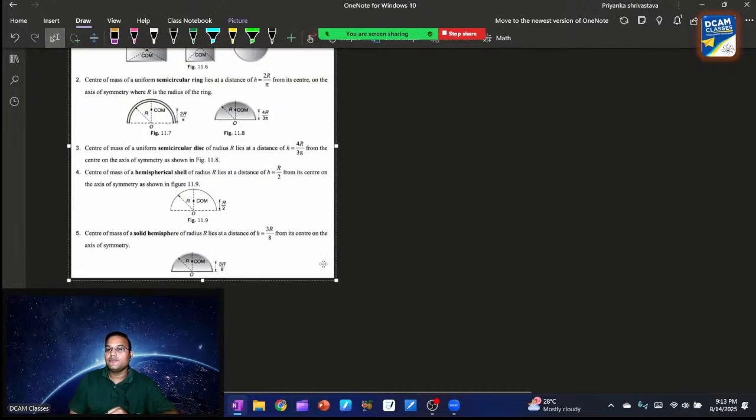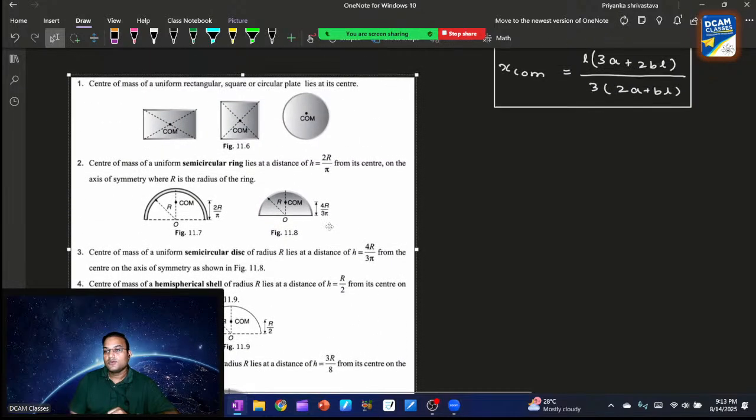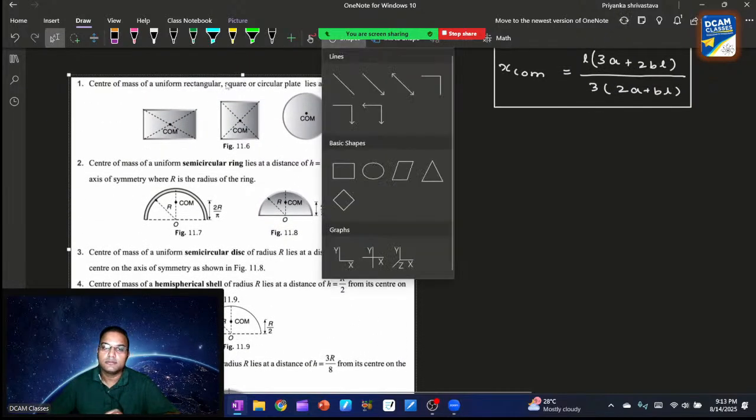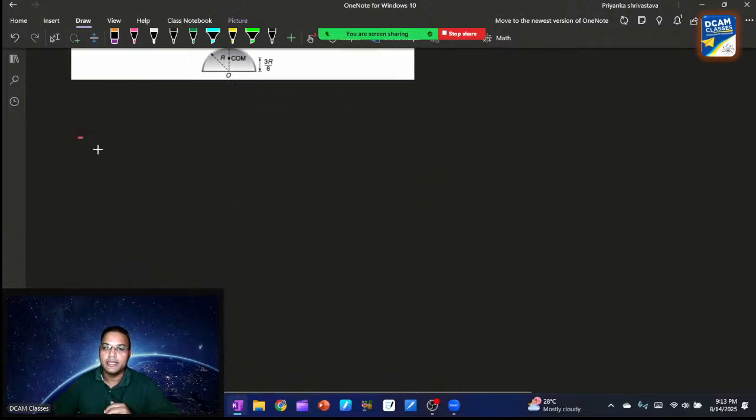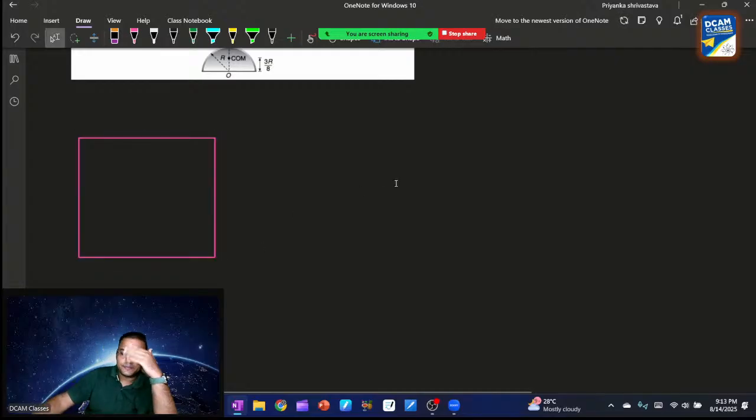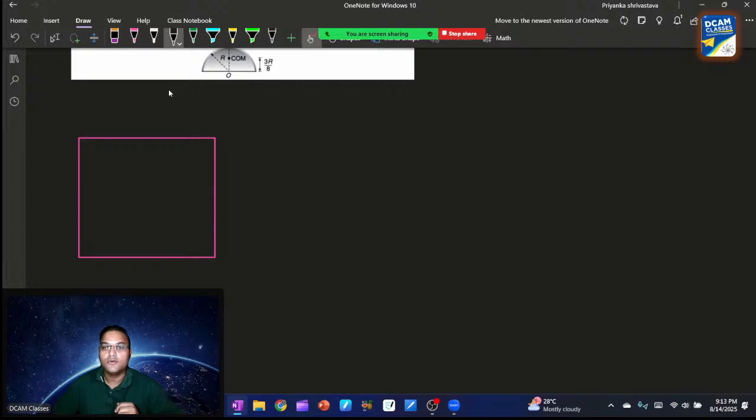Suppose someone asks you to find the center of mass. It's very easy to find the center of mass of a linear body, like a rod, but for a rectangular body how will we find it?